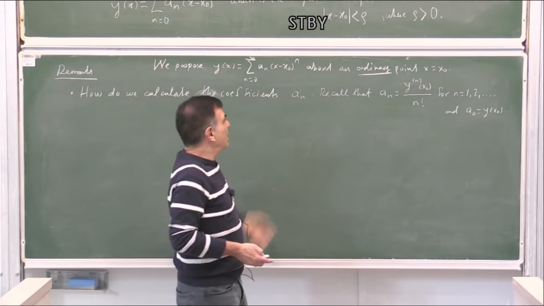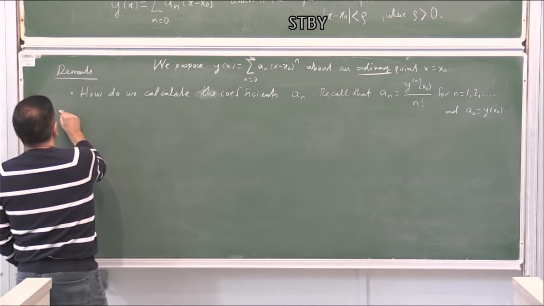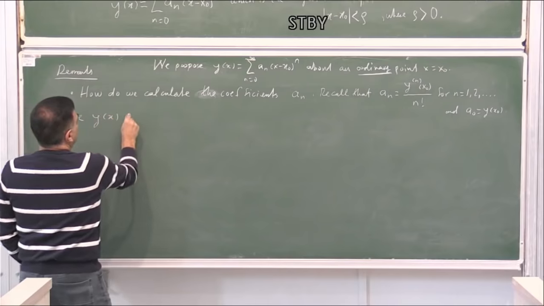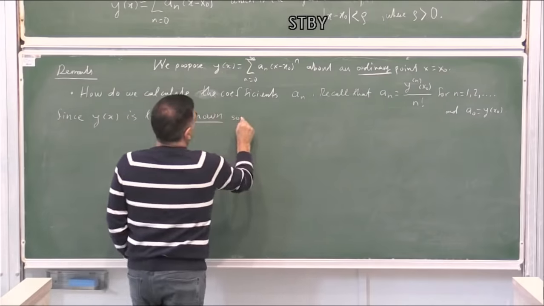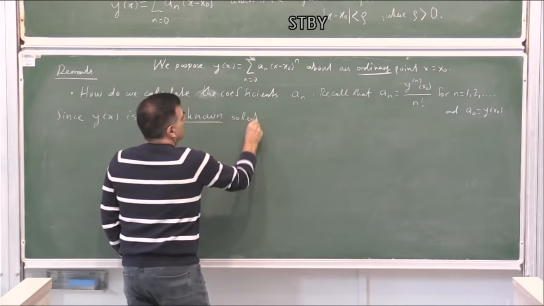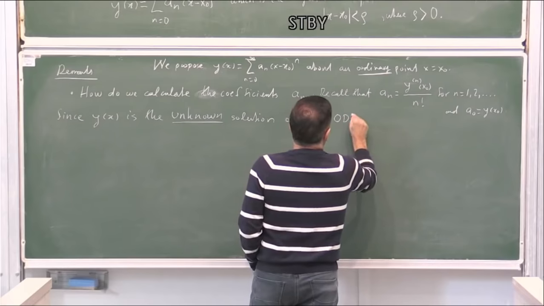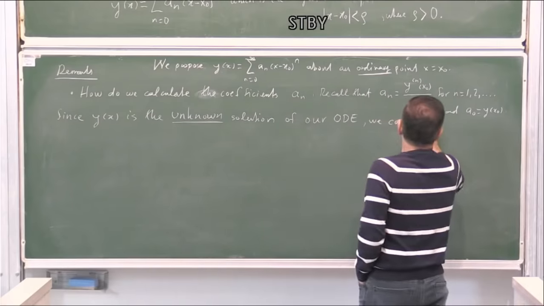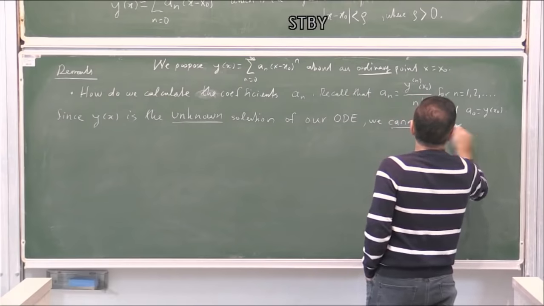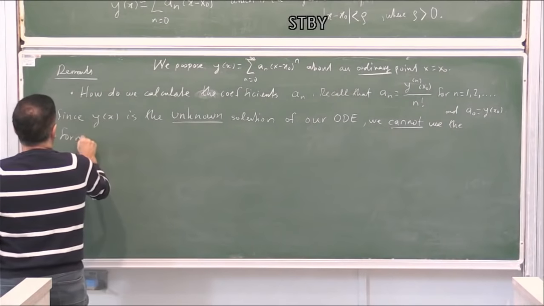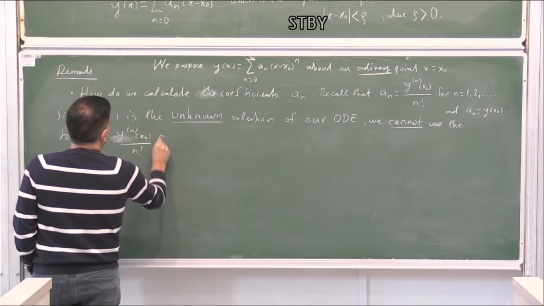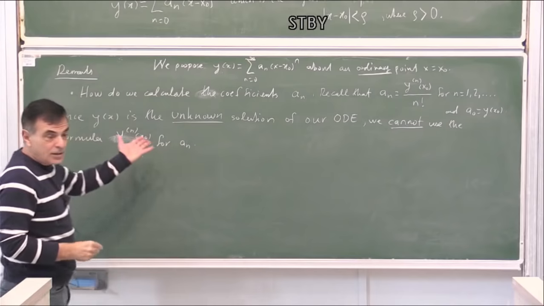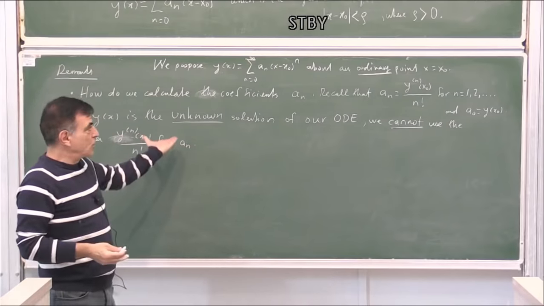But here, since y of x is the unknown solution of our ODE, we cannot use this formula, the formula y^(n)(x0) over n factorial for an. The reason is obvious. Y of x is unknown.